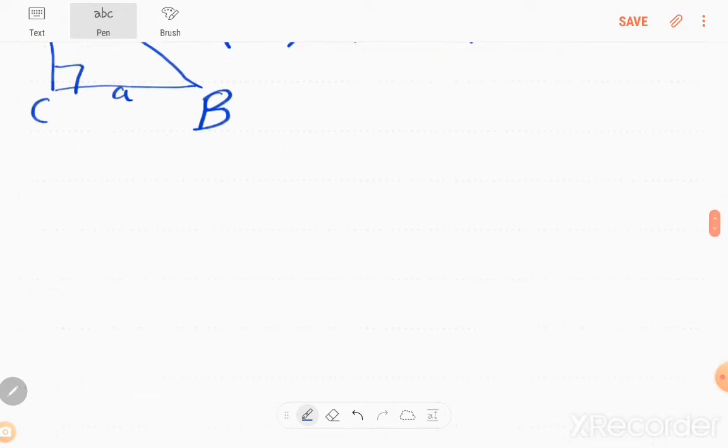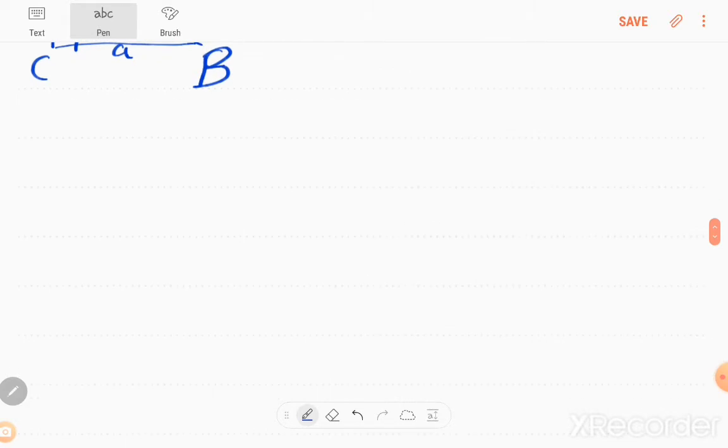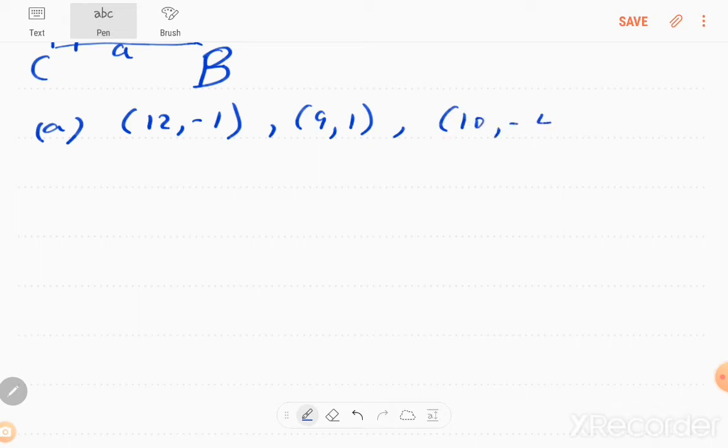Okay, so let's look at an example. Suppose we're given 3 points, and we're asked to see if they form a right triangle. So for example, if we were given the points (12, -1), (9, 1), and (10, -4).